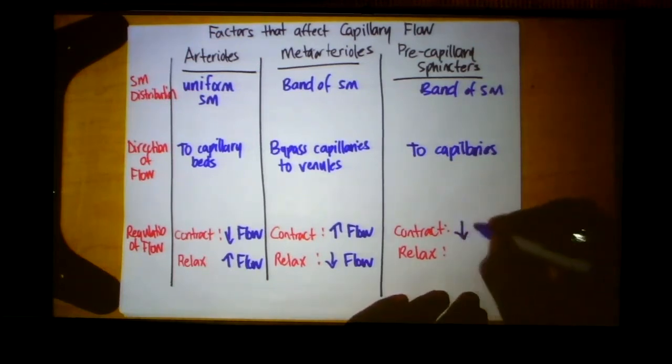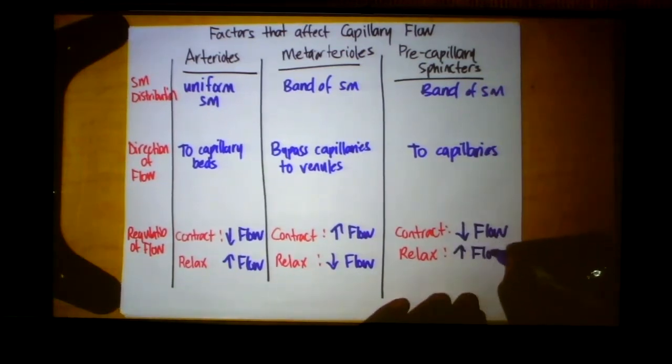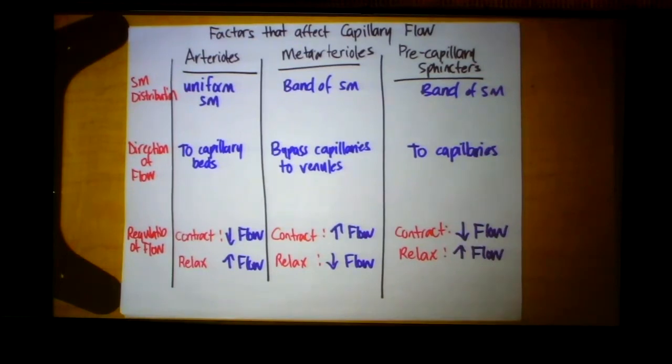So this will be decreasing flow. And if the precapillary sphincter relaxes, that will increase flow. Okay? So these are the three factors that regulate flow to capillaries, and because of their different locations, they bring about different effects on the flow to capillaries.